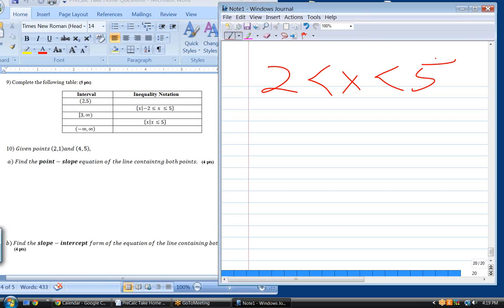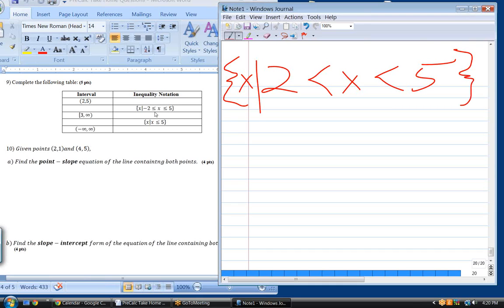So that would be the inequality notation. In other words, if the interval is 2 to 5, then x is greater than 2 and less than 5. Is that how it always is?